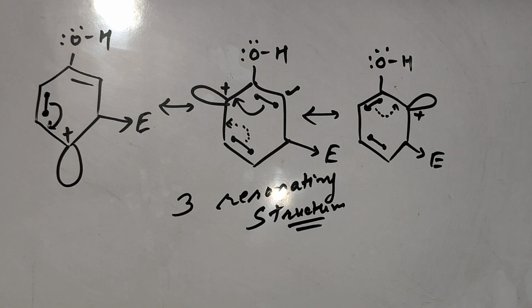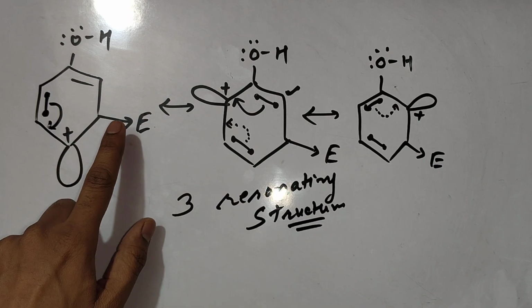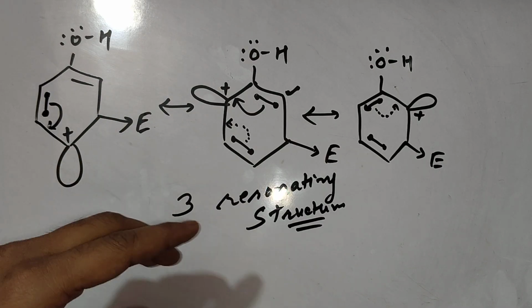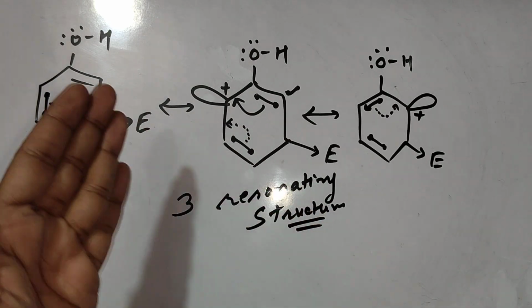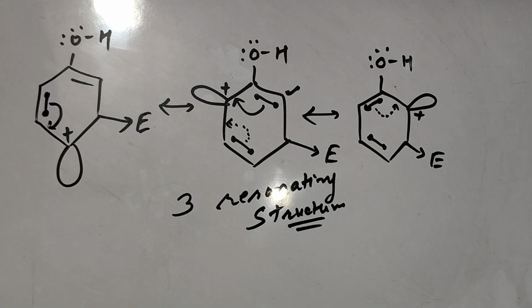More resonance, more stability. And here the carbocation generated due to meta attack of an electrophile is getting stability only due to 3 resonating structures. In lower classes, in 11th class, we have done it. More resonance, more stability. Less resonance, less stability.